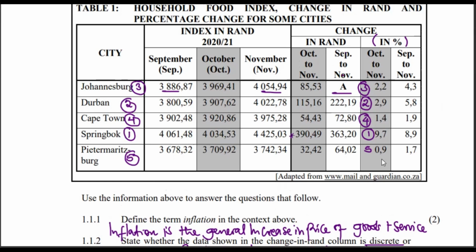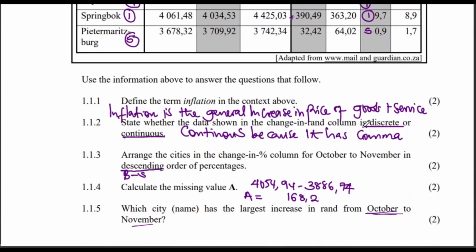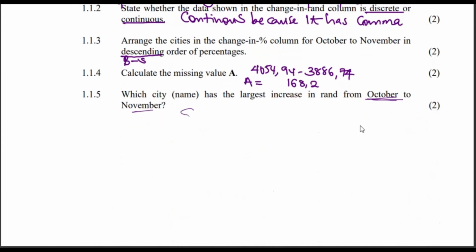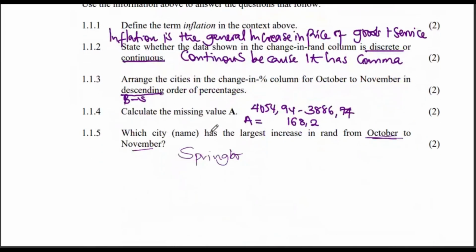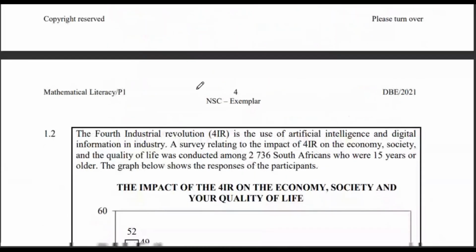It's Springbok, 390. So the city here, we shall say, is Springbok. Okay, that's question number one.